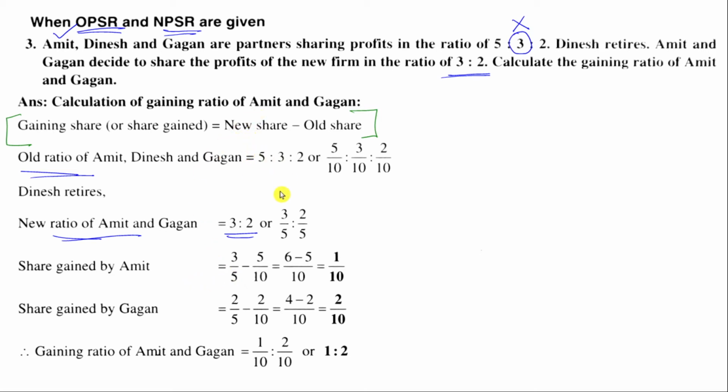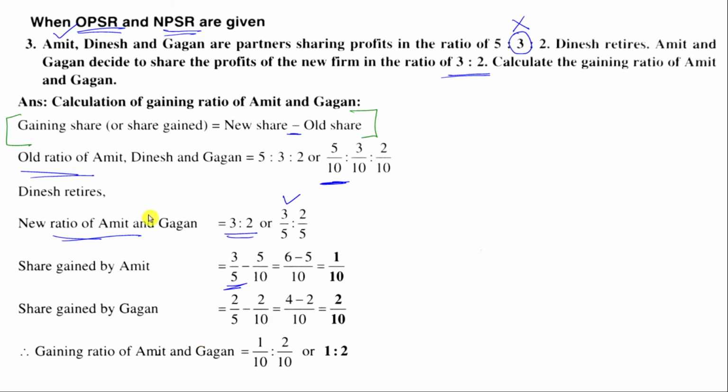New share is given here, that is 3 by 5. That will be written here, 3 by 5. Next, minus, as per the formula. So minus will be written here. Next, the old share, which is given here directly. So Amit's is 5 by 10. We'll write 5 by 10. That's it. I'll tell you the calculation part after Gagan's.